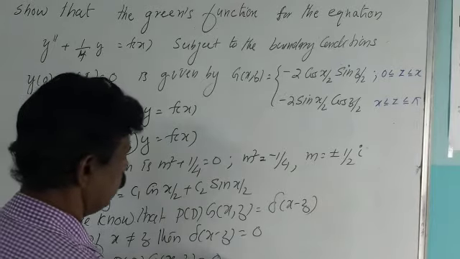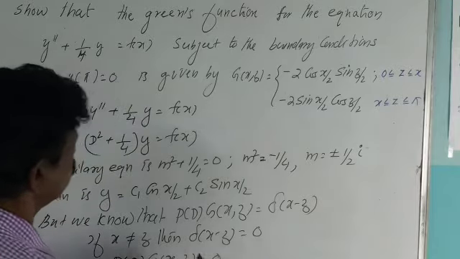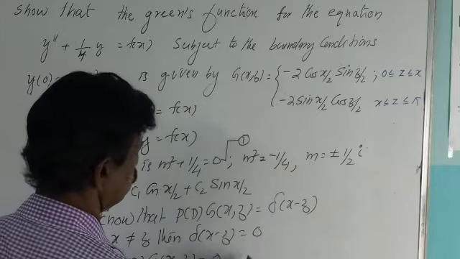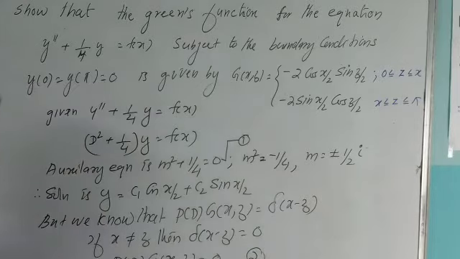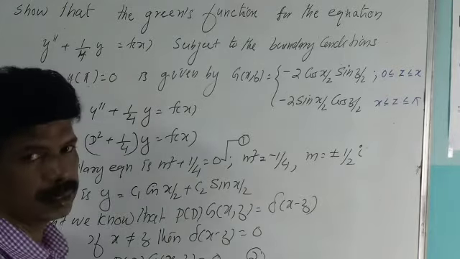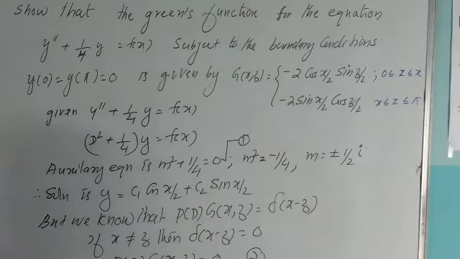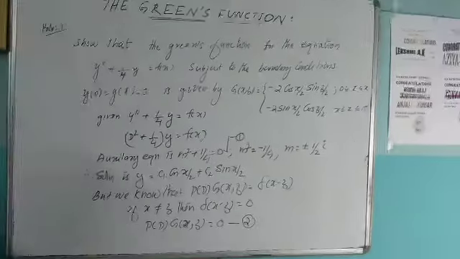This is equation number 1 and this is equation number 2. That is, m square plus 1 by 4 equals 0 and P D of g of x is equal to 0. Equation number 1 and equation number 2 are same.